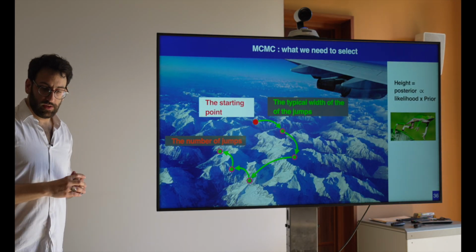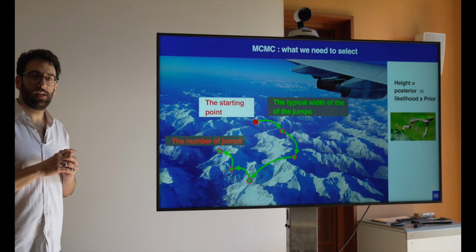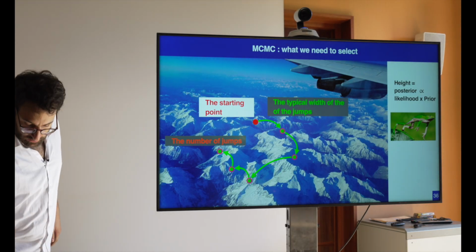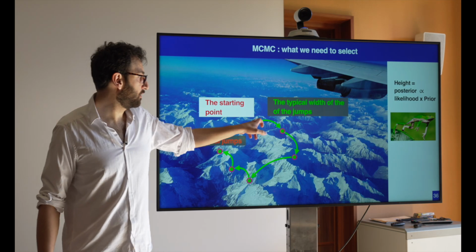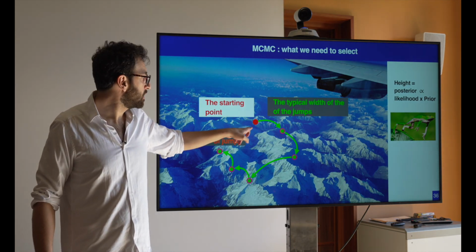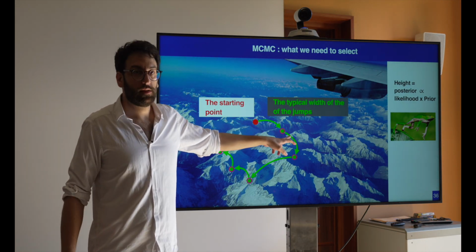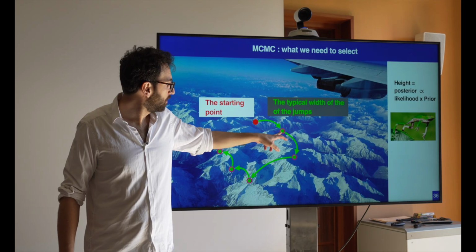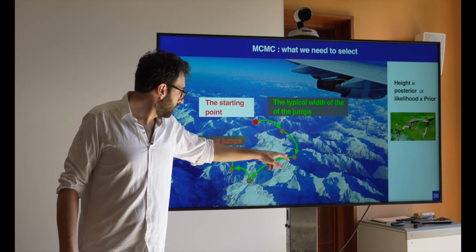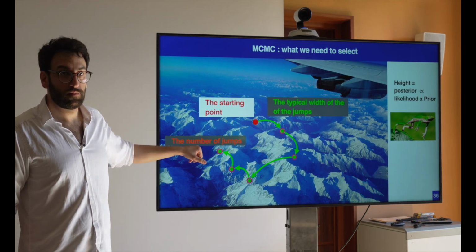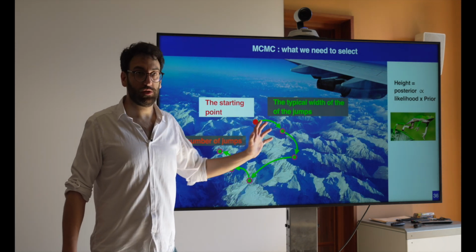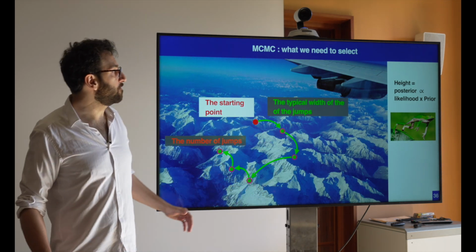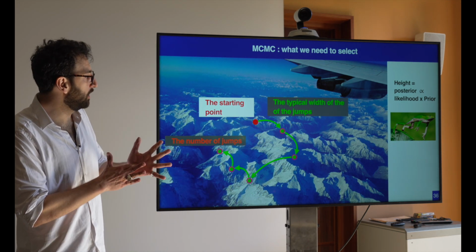So in an MCMC algorithm, you need to select several things. You need to select the starting point, then the typical width of the jumps, and the number of jumps. All of these pertain to the convergence of the algorithm, and this is what I'm going to try to illustrate.